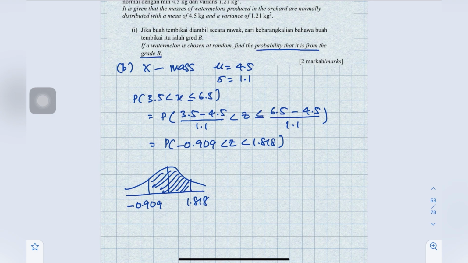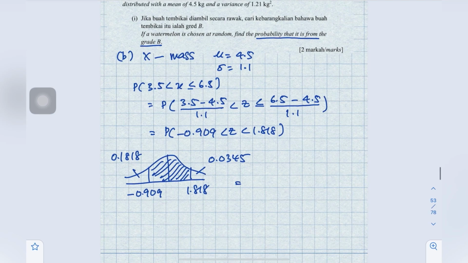This one we get 0.1818, and this one we get 0.0345. To find the shaded region, it is 1 minus 0.1818 minus 0.0345. So the answer is 0.7837.